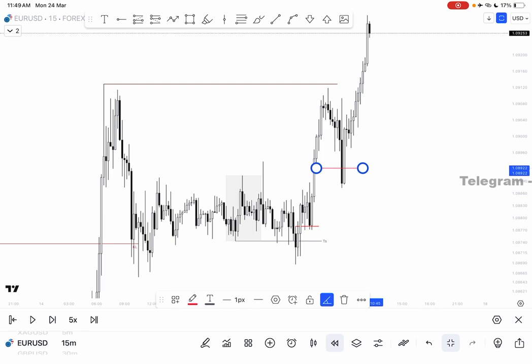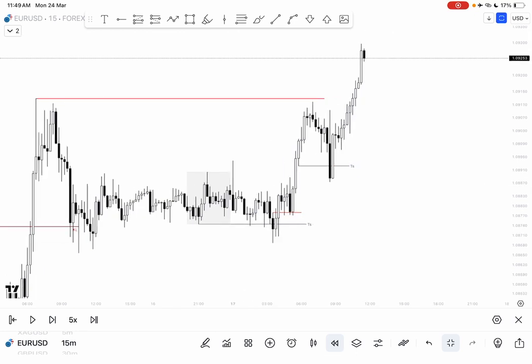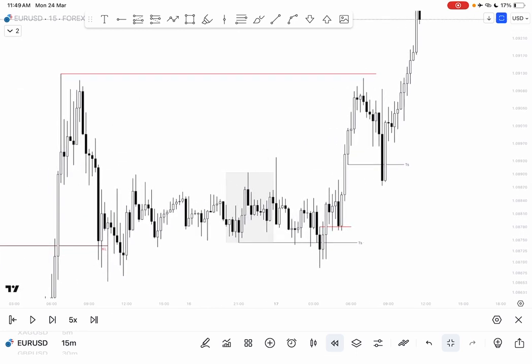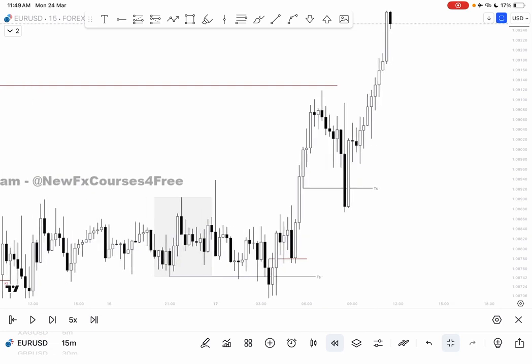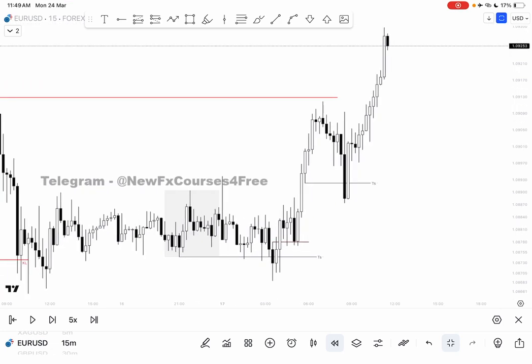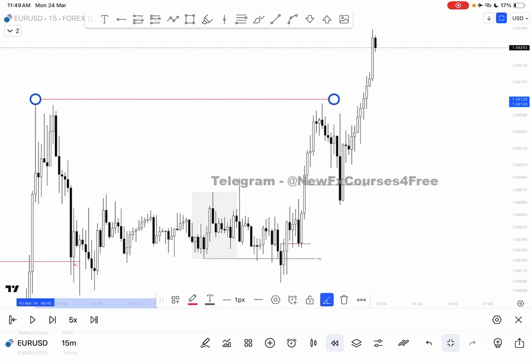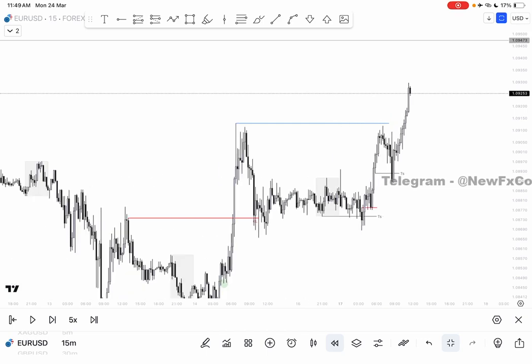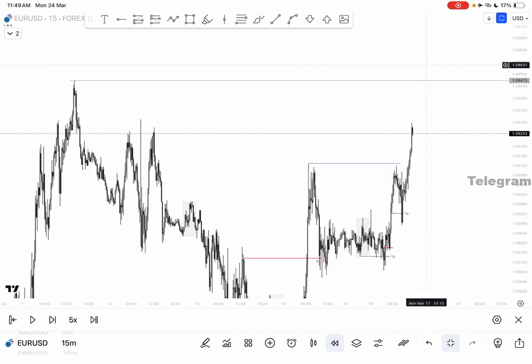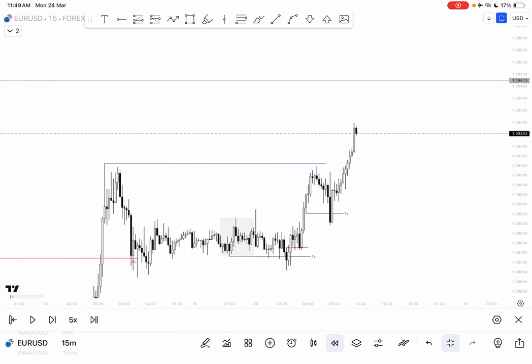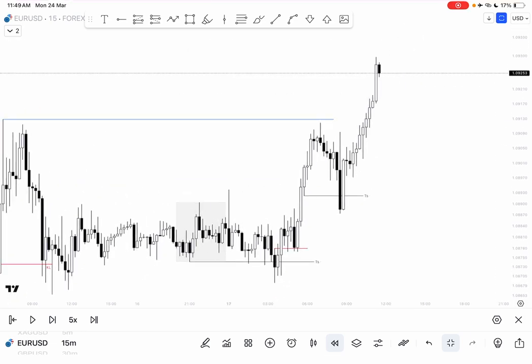We haven't gotten to key times in the time session, so when we get there, you will know what I mean. So expanding higher, sweeping this, that's your first target. Remember your final target here, your daily candle range high.